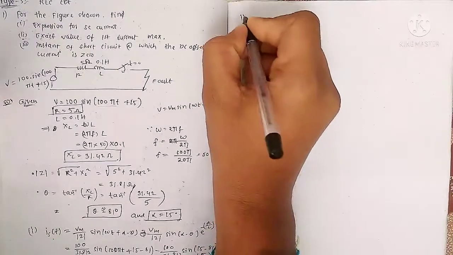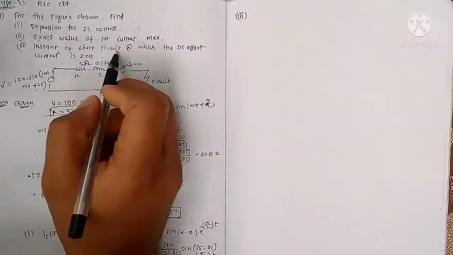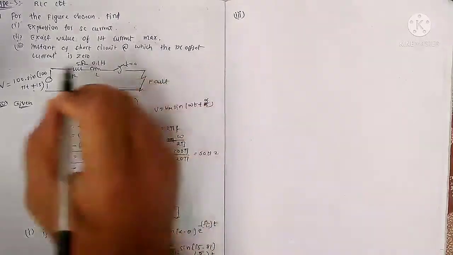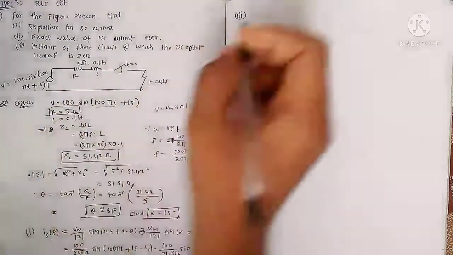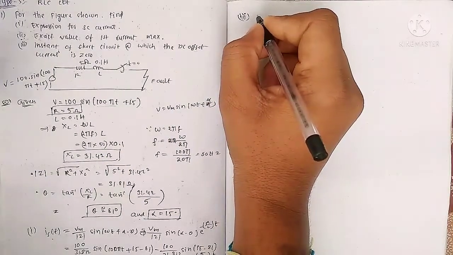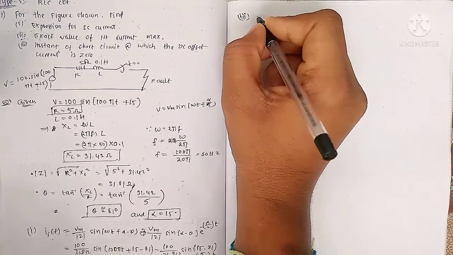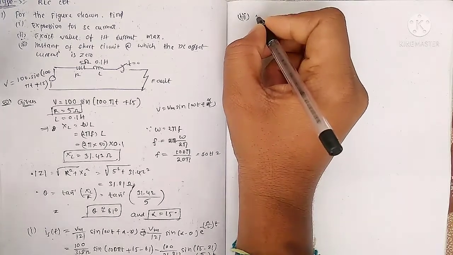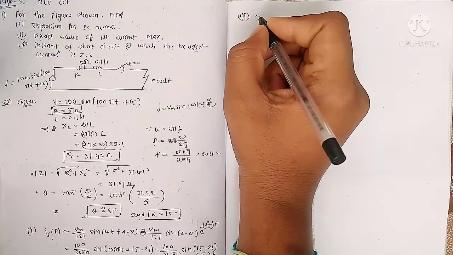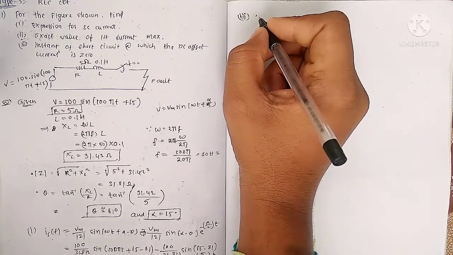Finally, the third point: the instant of short circuit at which the DC offset current will be 0. I gave the condition in the formula sheet. You can see that formula sheet in the type 1 numericals when I started the numericals of module 2.